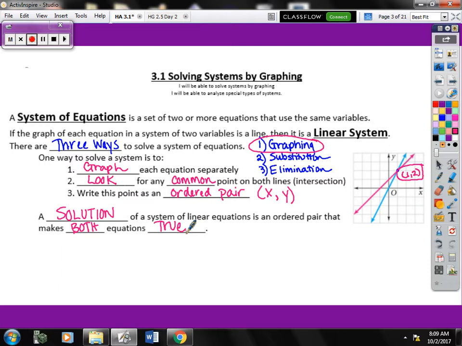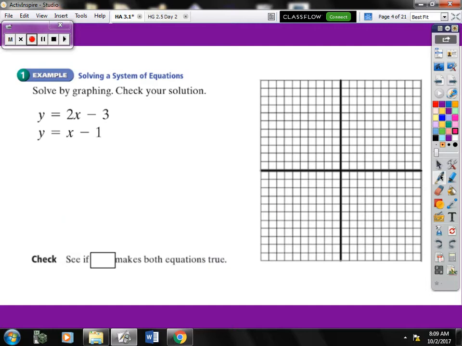And we will also use our graphing calculators today to have it actually calculate it for us too. So we'll do it by hand and with our graphing calculator today. The times you will want to choose graphing are usually when they're already in slope-intercept form, because those are easy to graph. Okay, so these are both in slope-intercept form.